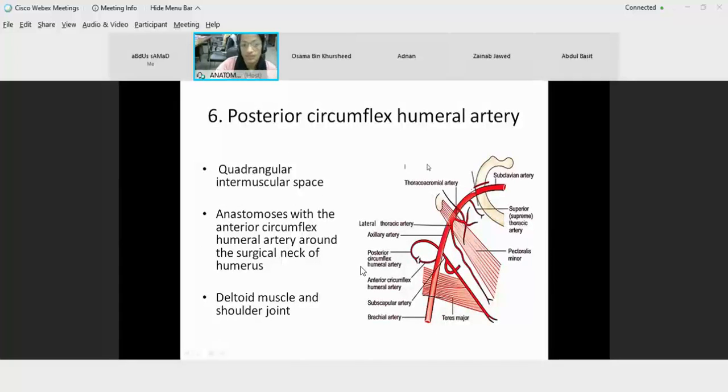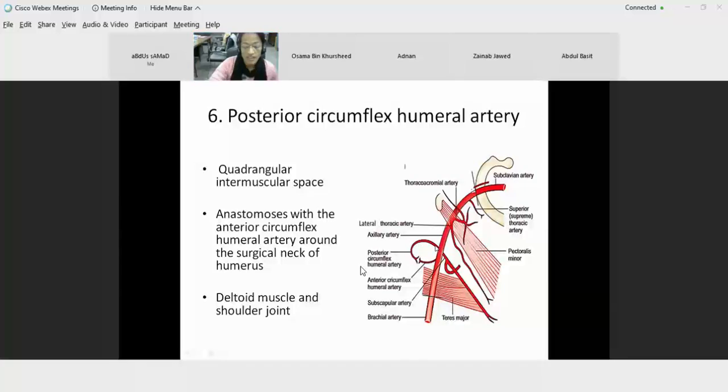Now coming to posterior circumflex. This is the last branch which is arising from third part of axillary artery, that is the posterior circumflex humeral artery. You can see, compared to anterior circumflex humeral artery, this is a larger branch.